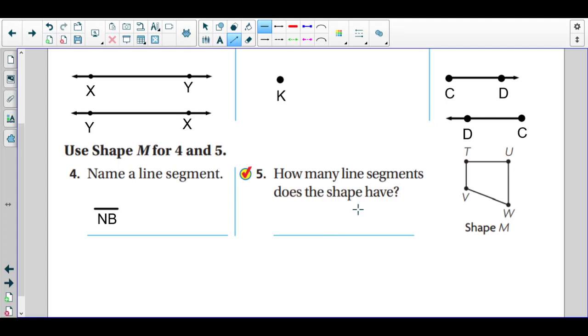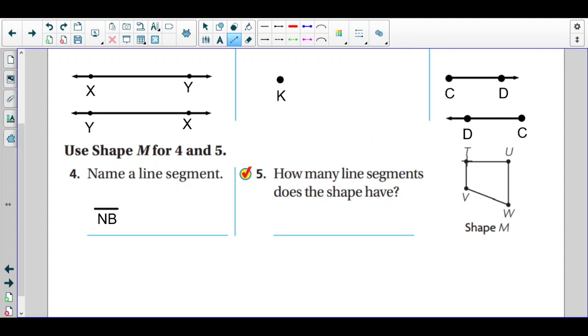How many line segments does this shape have? Well, let's see if we can figure it out. There's, oh my goodness, that's a really big line. Let's back that up. Maybe just to here.